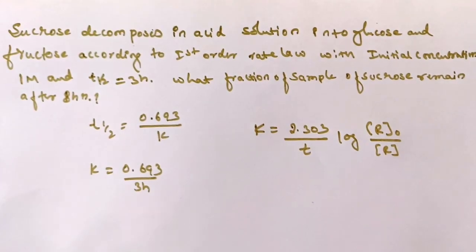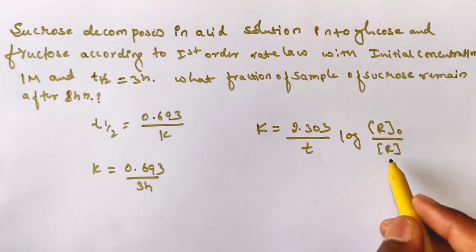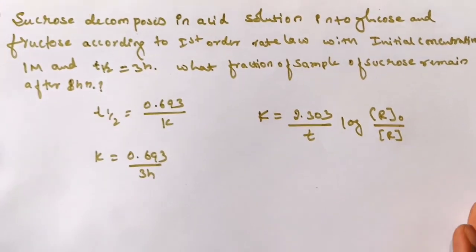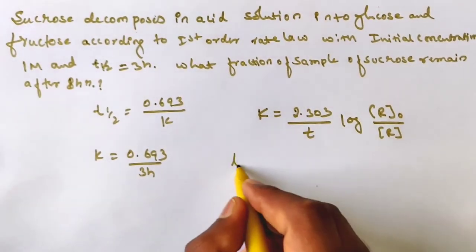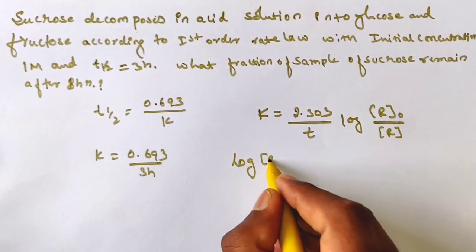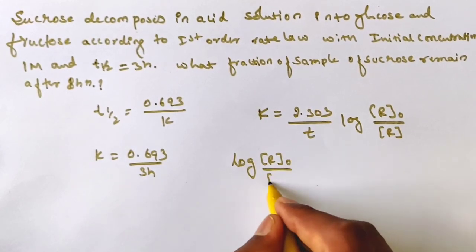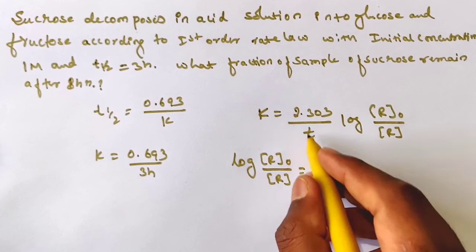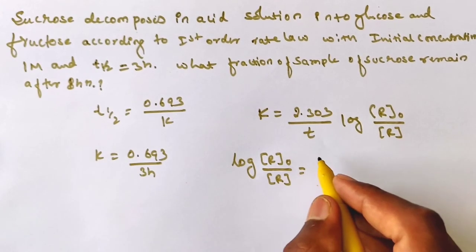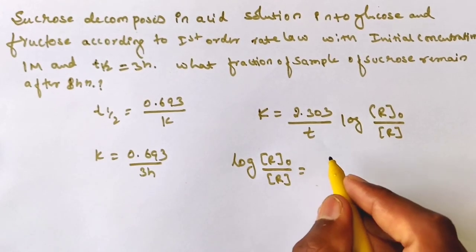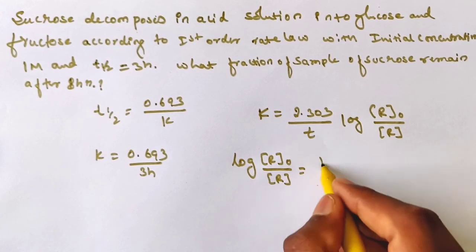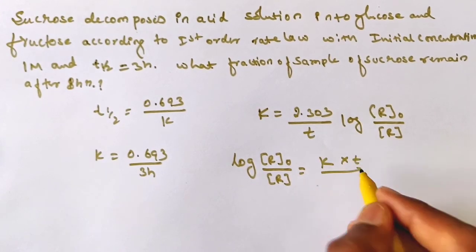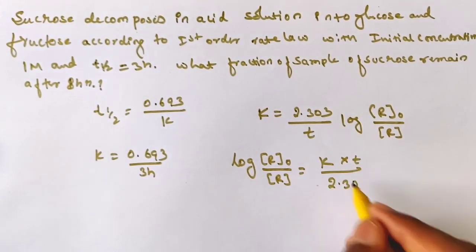We have to calculate the concentration remaining after 8 hours, so we need R. So what we have to do is take log R naught upon R on the left side, that is equal to k into t upon 2.303, since 2.303 goes downside.